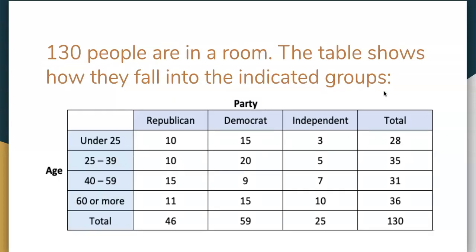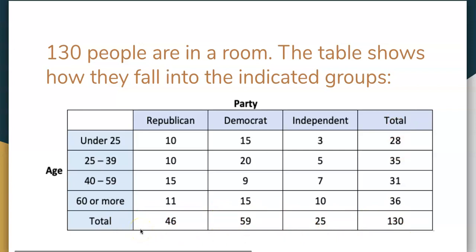All right. Now here's an example for you. 130 people are in a room. The table shows how they fall into the indicated groups. On the left side, we have them grouped by their age, under 25, 25 to 35, 40 to 59, and 60 or more. And on these columns, we have Republican, Democrat, Independent, and as you can see, the far right column and the bottom row are the totals, okay?